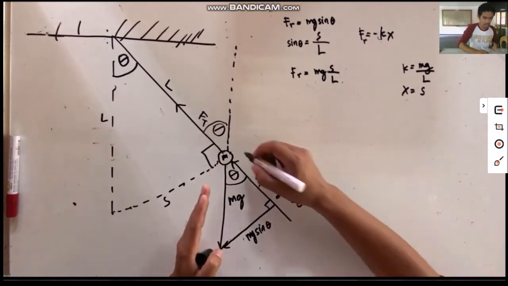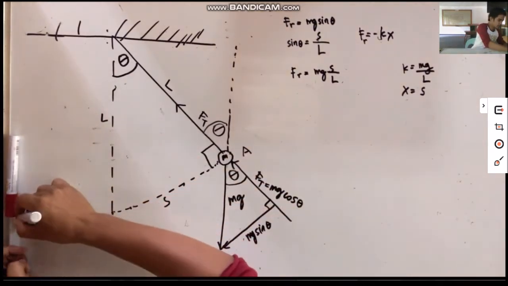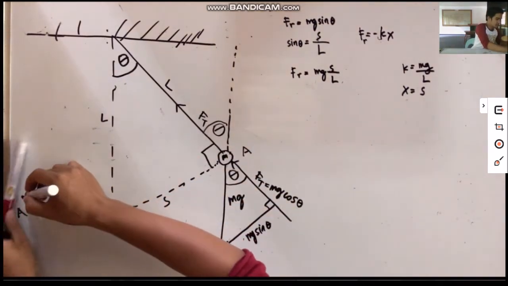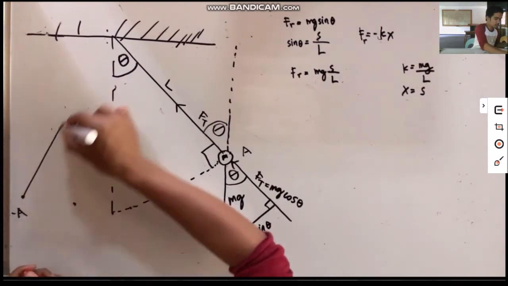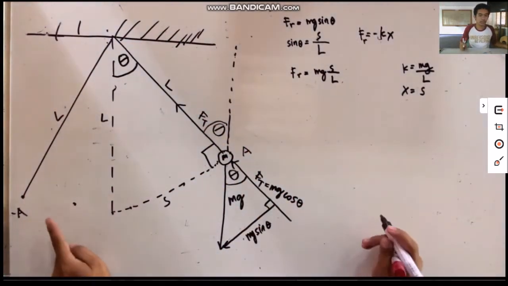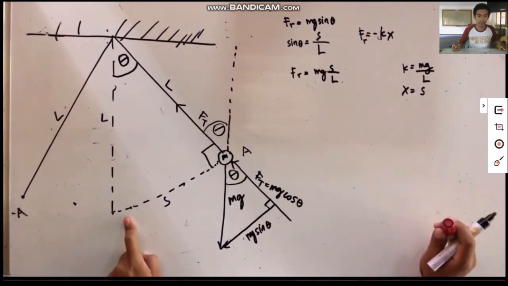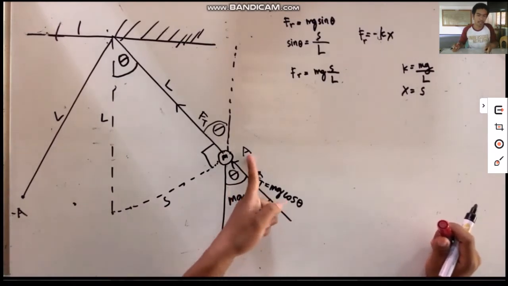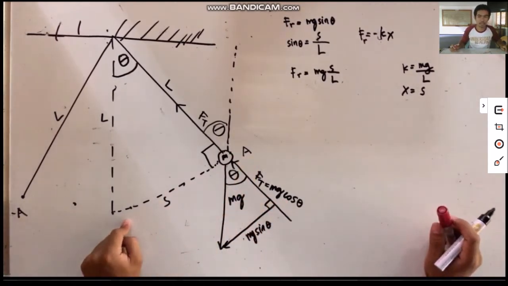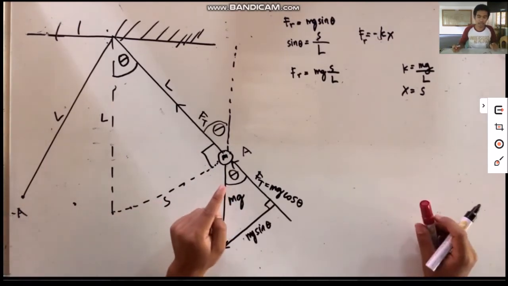This position is the amplitude, and this position here is the negative amplitude. So this is also L. This is the maximum displacement from the equilibrium position, and also A is the maximum displacement from the equilibrium position. So it moves in an arc, so there is angular frequency.